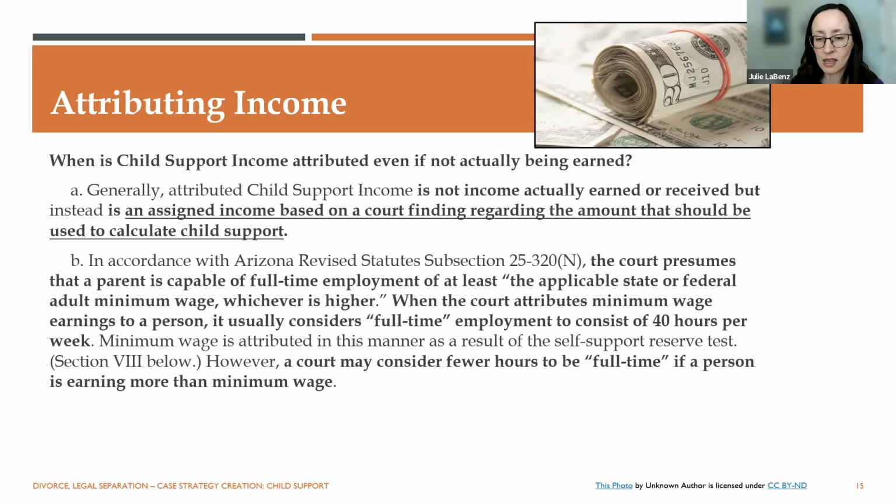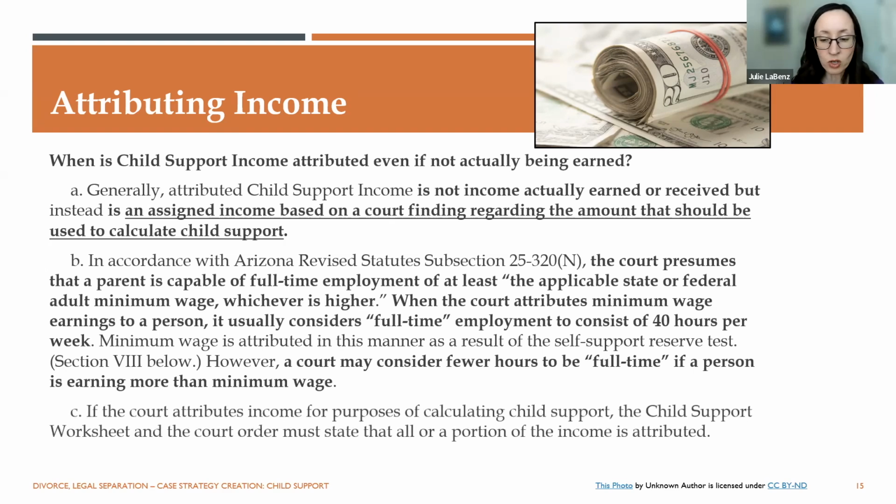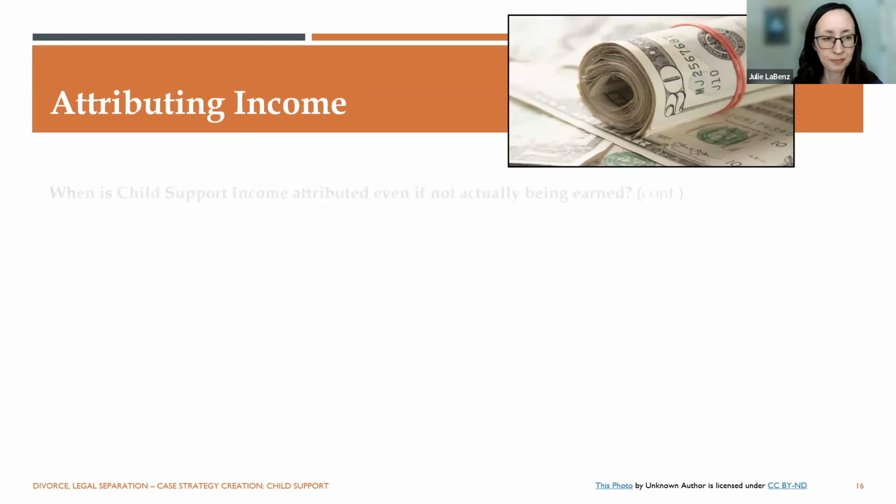In general, you're looking at the amount per hour, per month, or per year that you or your co-parent are capable of earning, and that's really available to you. That is an amount that can be attributed. If the court attributes income, that should be stated in the order and worksheet.